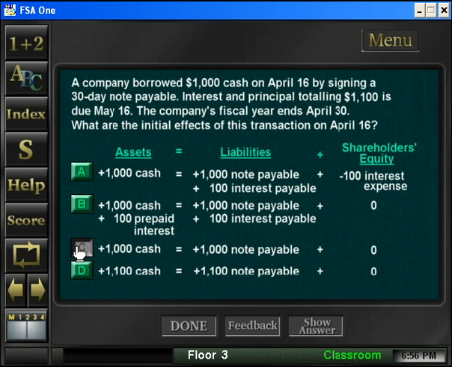Correct. Interest is incurred as time goes by. As of the initial date of the loan, the company has received no benefits and, therefore, has neither a liability nor an expense.